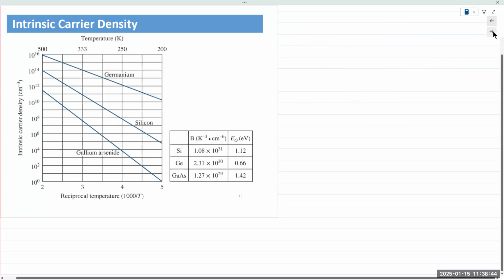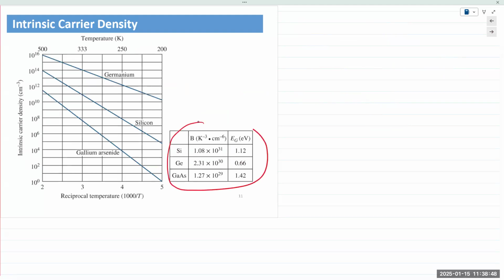All right, so here is the table, the material dependent parameter, as well as the EG values, the band gap energy values for silicon, germanium, and gallium arsenide. Since these are standard equations, you can calculate at any temperature.